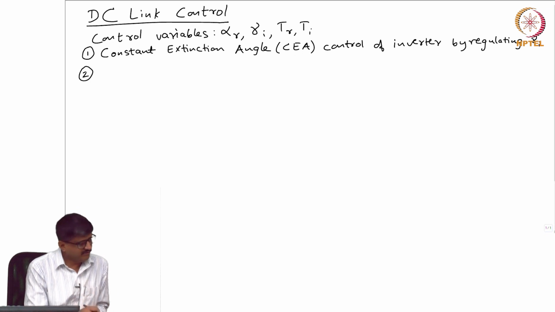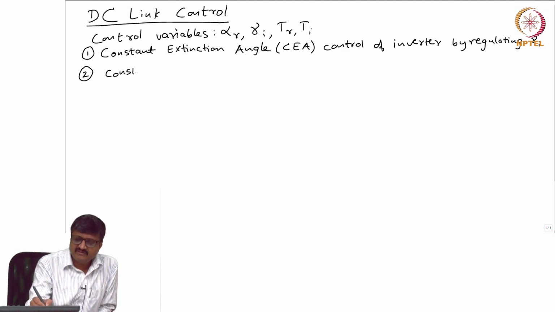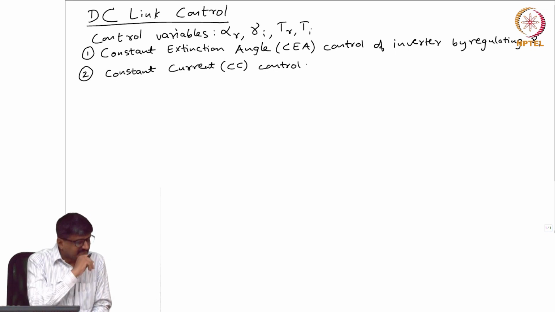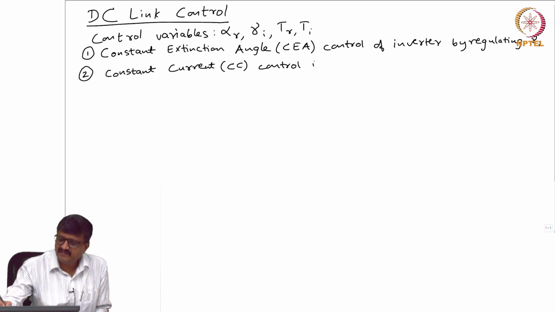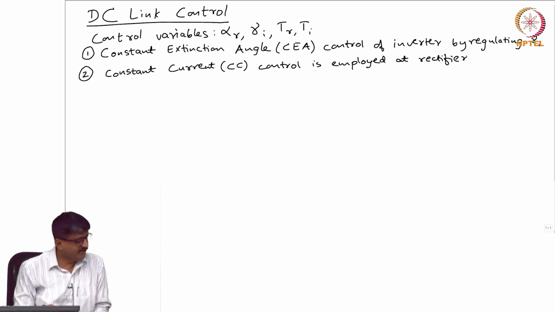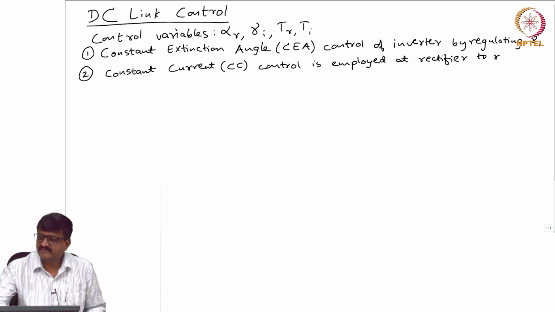So, what we do here is employ constant current control, abbreviated as CC control, at the rectifier. Now, when I say constant current, we are trying to regulate the DC side current, ID.